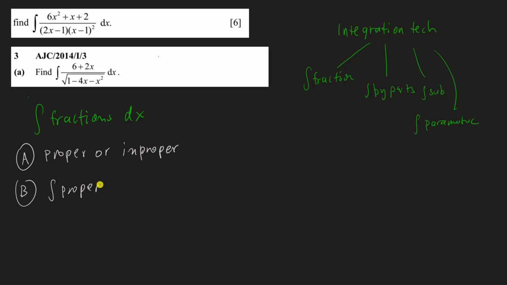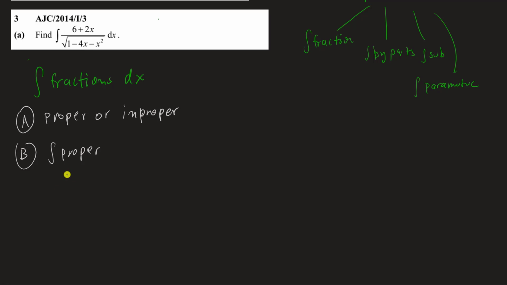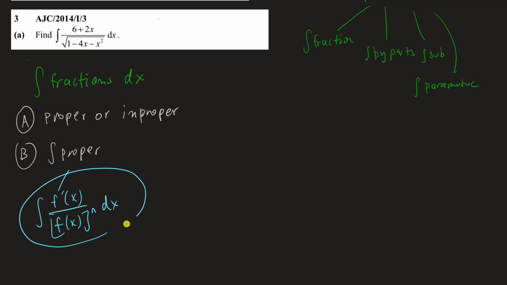So there are three cases. First of all, ask yourself whether you can use this. Integrate f prime x over fx to the power of whatsoever. Are you able to use this? If you sort of can, for example, take a look at this, 1 minus 4x minus x squared, right?